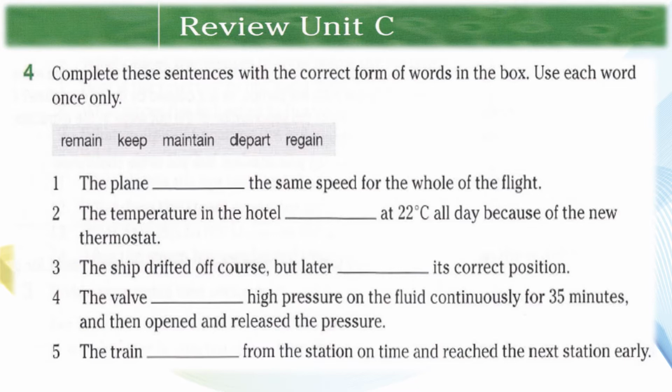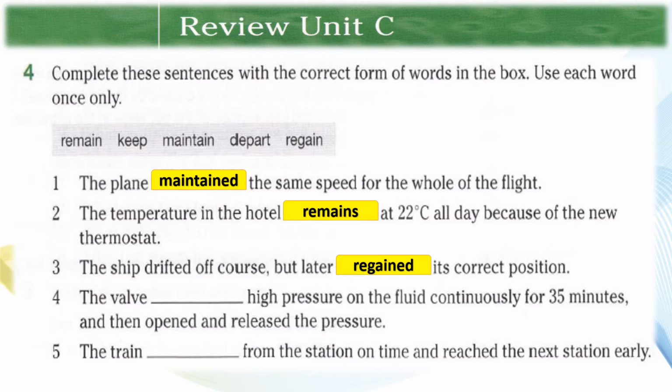Now let's begin with the first one. The plane maintained the same speed for the whole of the flight. Number 2, the temperature in the hotel remains at 22 degrees all day because of the new thermostat. Number 3, the ship drifted off course, but later regained its correct position.